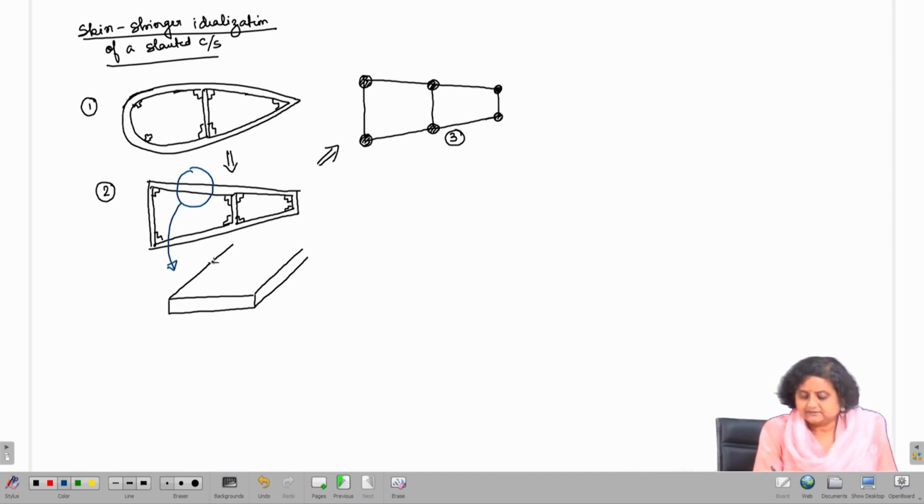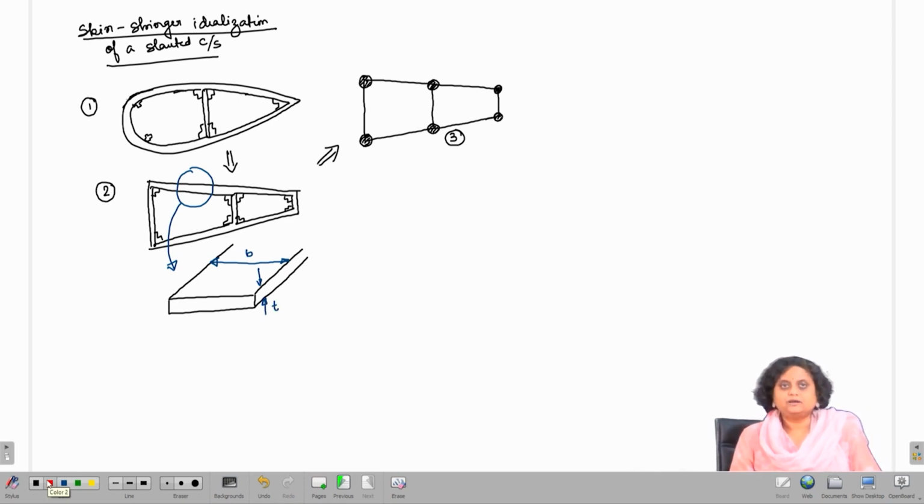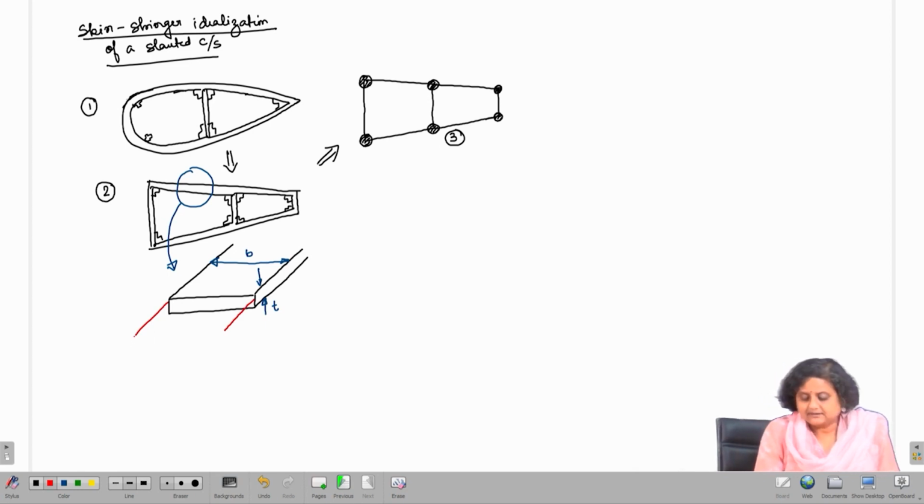Now let this width be B. Let us take a width of B, and let the thickness be T. Now, since this blue colored circled portion is slanted, the direct stress distribution is not going to be uniform, rather it will have a linearly varying distribution.